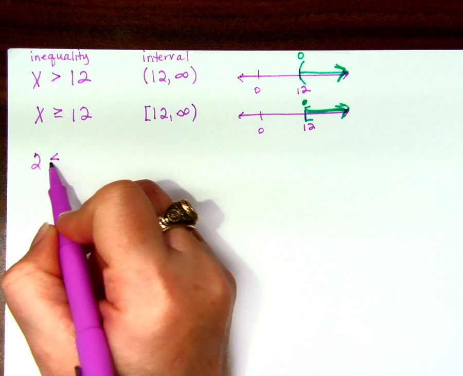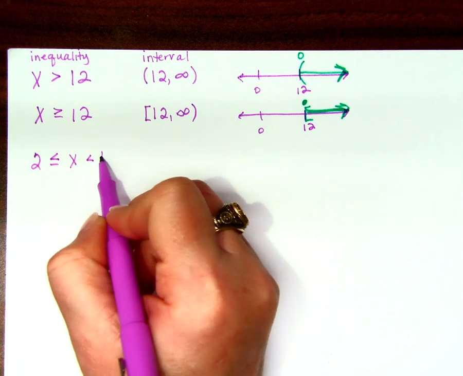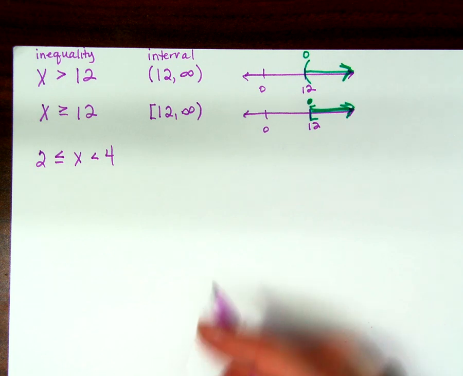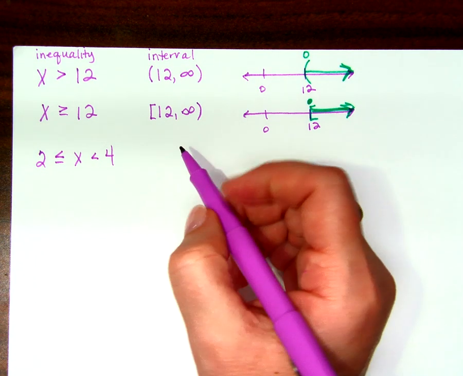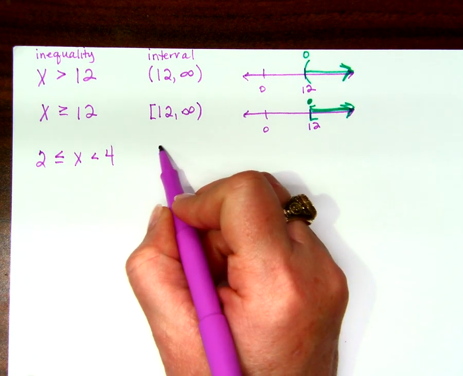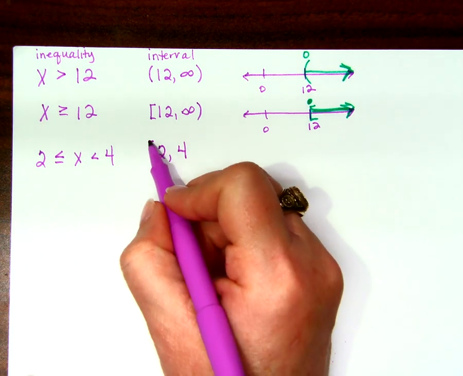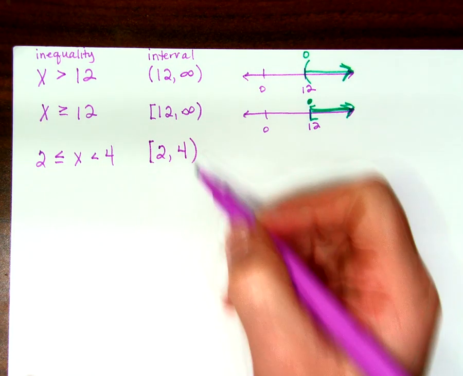So what about this? 2 is less than or equal to x is less than 4. What if it's like an inequality like that? What's the interval notation going to look like? Very good. 2, 4. Bracket by the 2. Perfect.